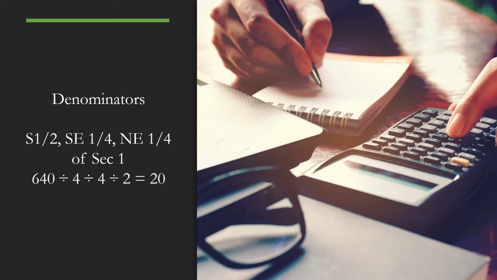You look to the left again to find another denominator, so you divide by 4 again. Look to the left to see if there's anything else, and you have another denominator of 2, so you divide by 2. Then you've run out of your legal description, no more denominators, so you hit equal, and you have 20 as the size of your property, which is a much faster and easier way to get there than trying to graph it out.